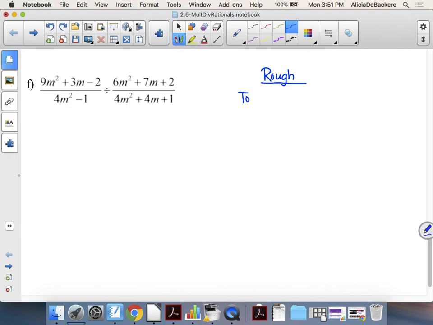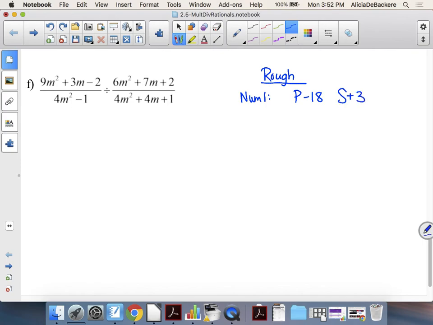For my rough work, I'm going to factor the numerator of fraction 1. I'm just going to call that num1. This is really just my own notation, off to the side so that I can plug it back in. So I'm thinking about 9m squared plus 3m minus 2. To factor that first numerator, I would have to have a product of negative 18 and a sum of positive 3.